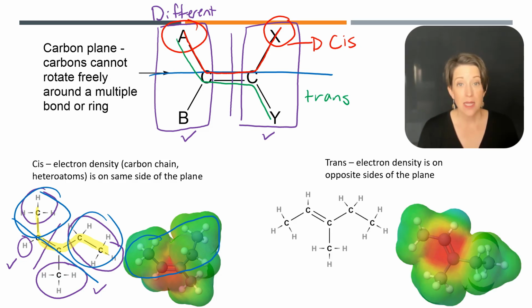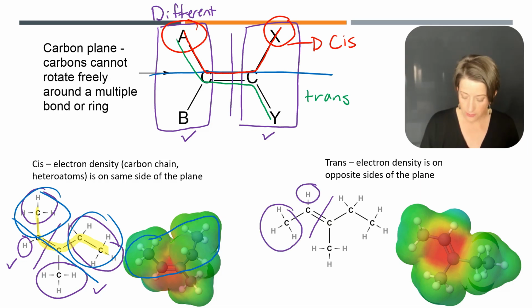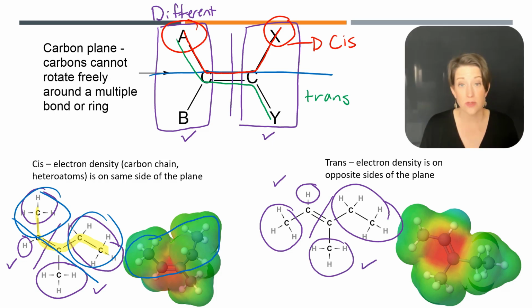Now let's look at the other form. Crossing through that double bond, we have a hydrogen and a methyl group. Those are different. We have an ethyl and a methyl group. Those are different. So we know we're going to have a potential cis-trans designation for the stereoisomer. Find the longest parent chain so we can follow those electrons.